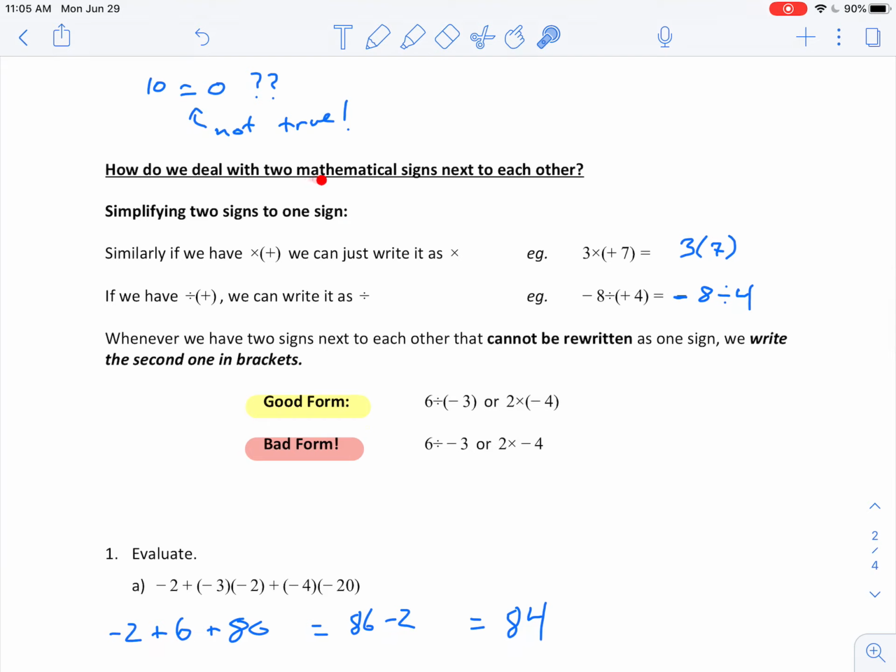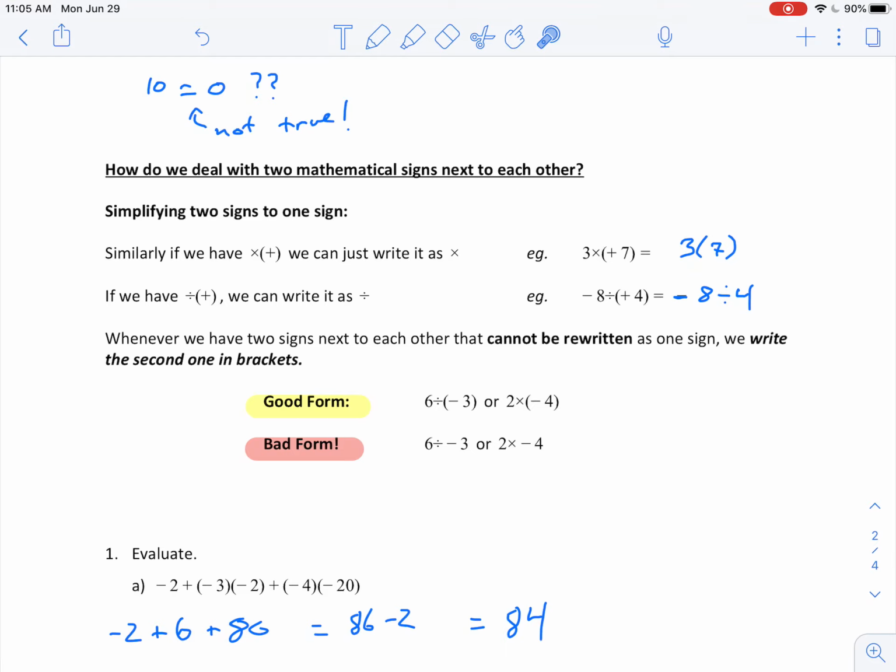So when we have two mathematical signs next to each other, again, similar to adding and subtracting, we can clean that up a little bit. If we have multiplied a positive, we can just simply write it as multiplication. So in this case, 3 times positive 7, we can just write it as 3 times 7. Now you'll notice that we write 3 times 7 using brackets.